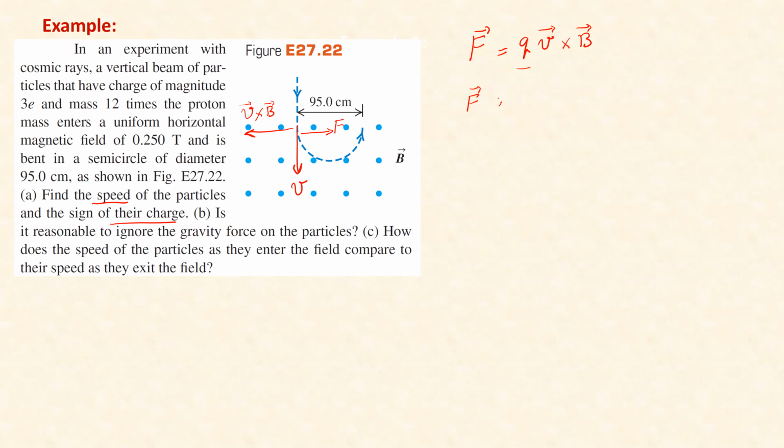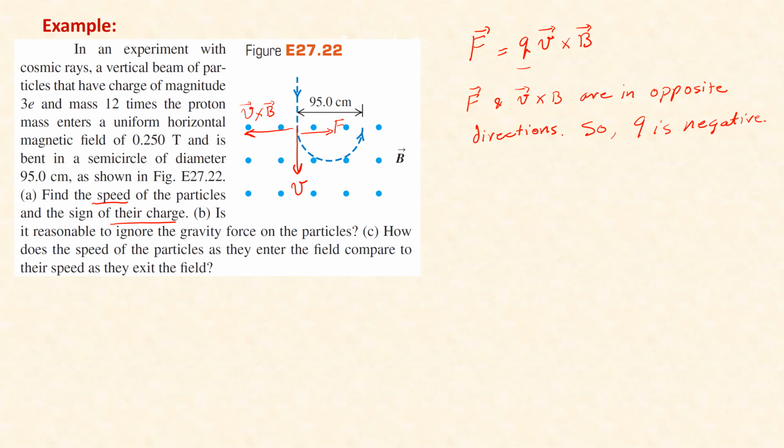F and V cross B are in opposite directions. Therefore, the Q is negative.